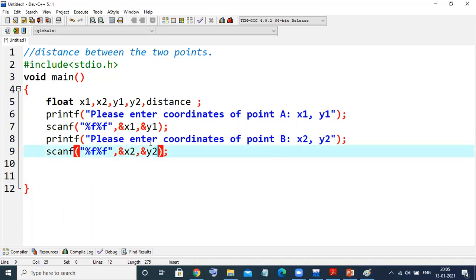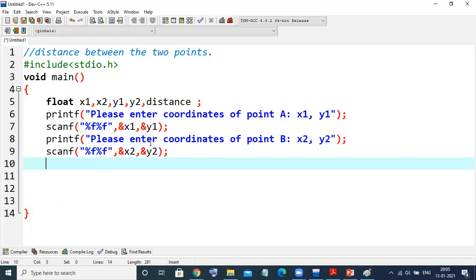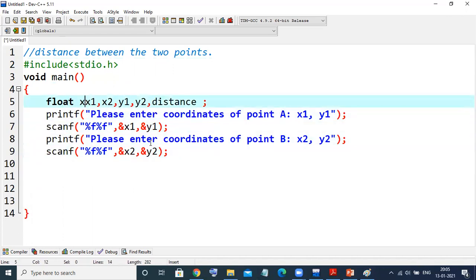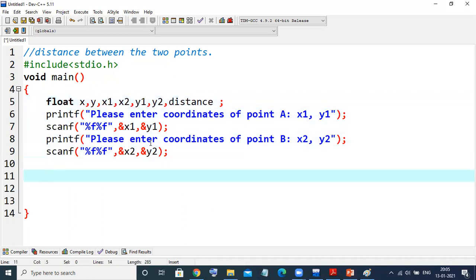So all the coordinates we have got. If you want to calculate x and y, you can take separate variables also, like x comma y. Here x is equal to, we know the formula, x2 minus x1.